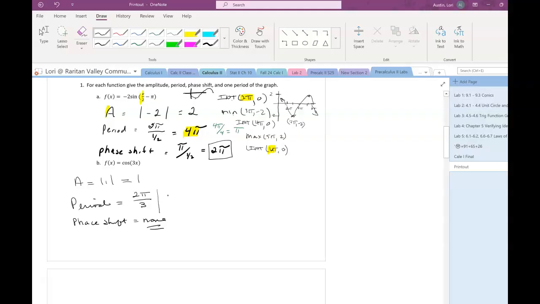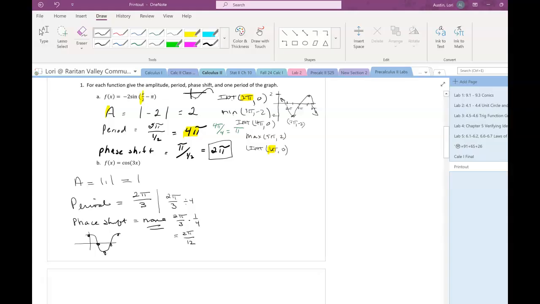So my period of 2 pi over 3 divided by 4, well, isn't that 2 pi over 3 times 1/4, which equals 2 pi over 12. So this is a cosine, it's a positive cosine. So recall your positive cosine, we want that point. Here are our 5 key points, right?